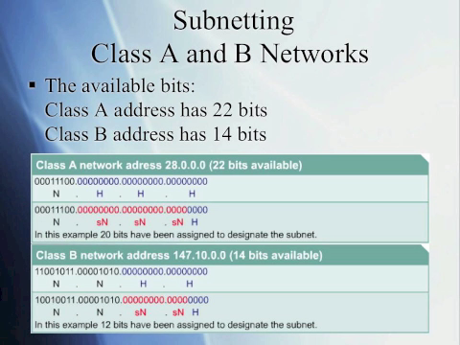The original rule was we cannot use the first subnet that's created, and we cannot use the very last one, because the next address is 172.16.255.255. This is the original broadcast.